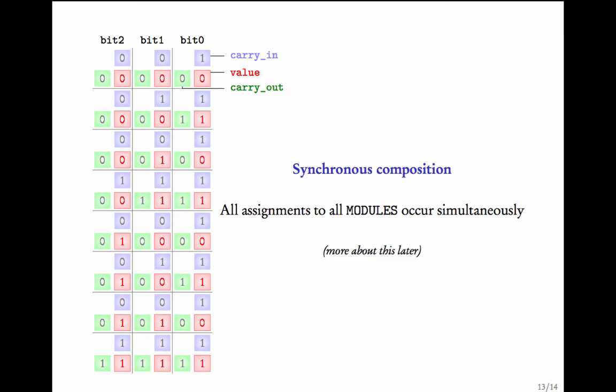We will later see another form of composition called asynchronous composition, where we can force only one of the modules to take the next transition. However, here we have defined bit 0, bit 1 and bit 2 to be variables of type determined by a module definition. In such a case, all of them will change in the next step and we will get a synchronous composition. We will see more about this later in more detail.